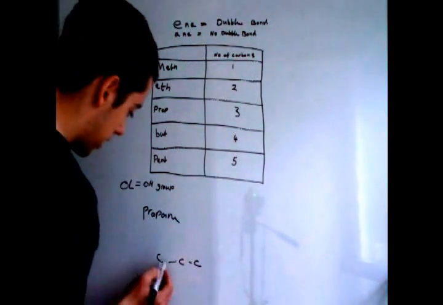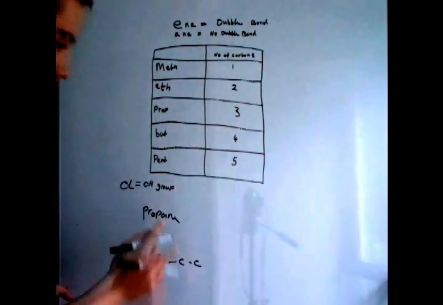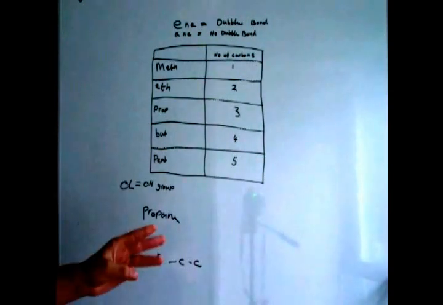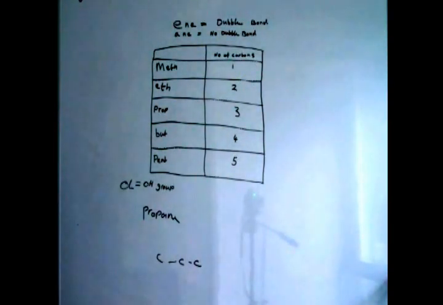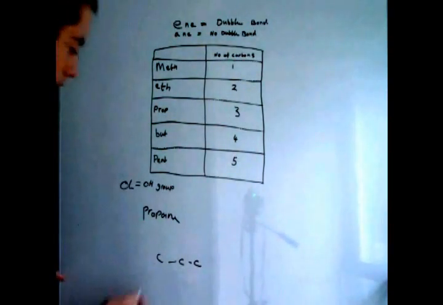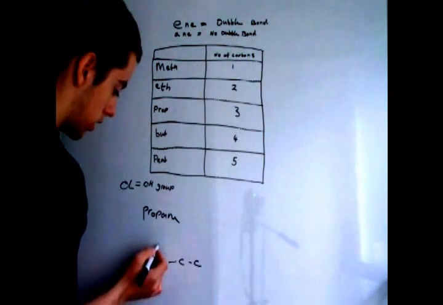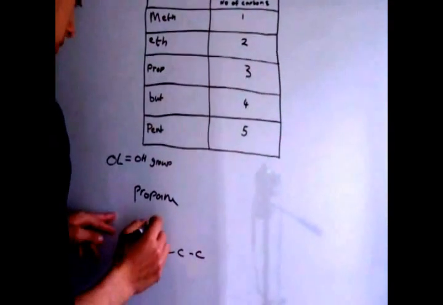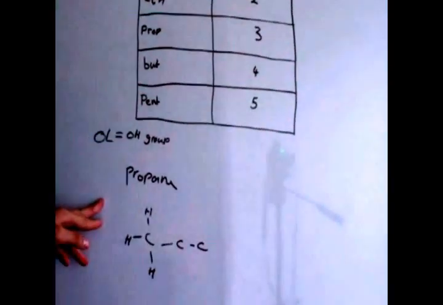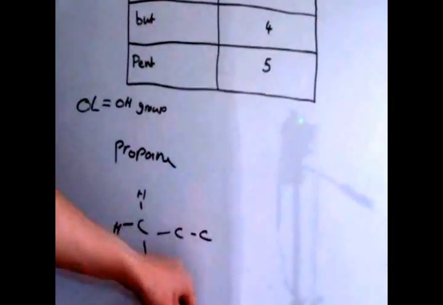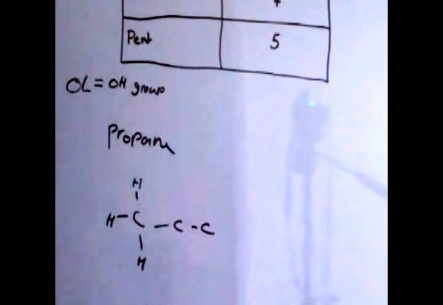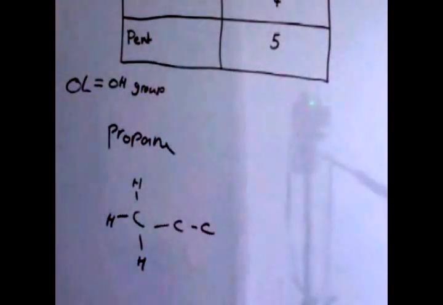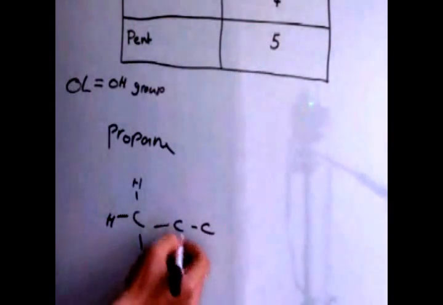Hence this carbon atom's got 1 bond, so it needs 3 more bonds. Hydrogen's got 1 bond, and that's easy. 3 hydrogen atoms are attached to this carbon atom. This one in the middle, the carbon atom, has already used up 2 of its 4 bonds, so it's got 2 bonds left to use up.